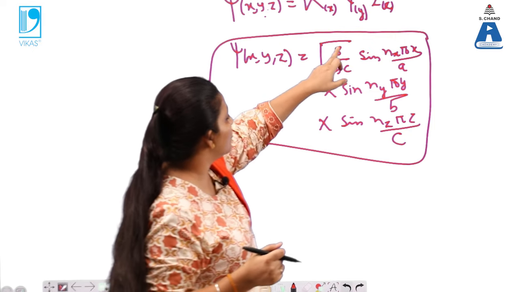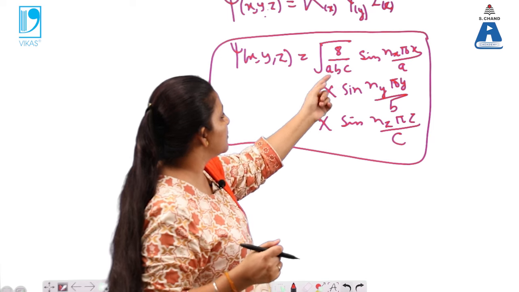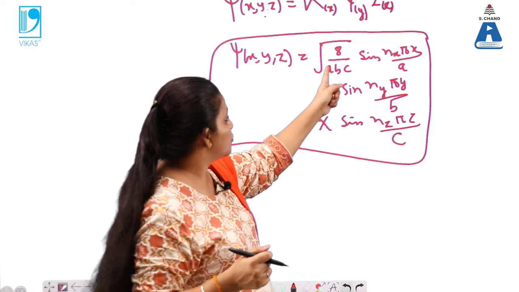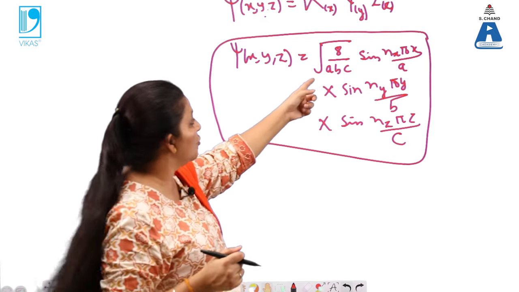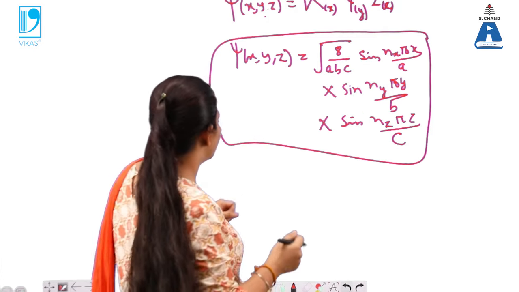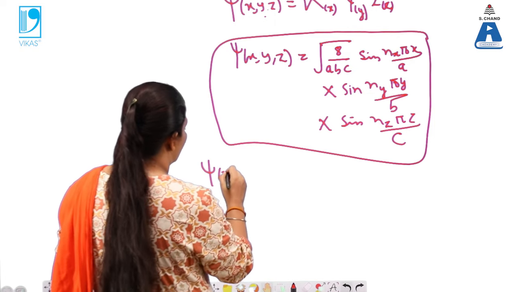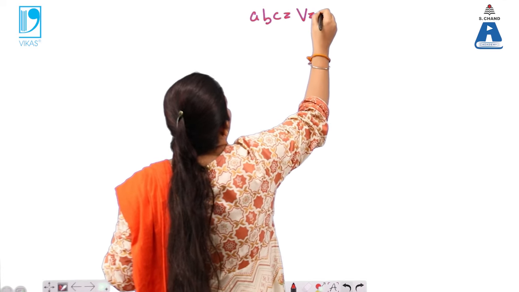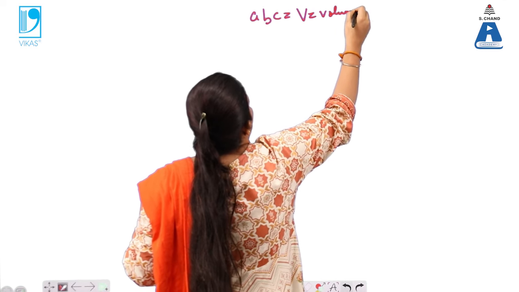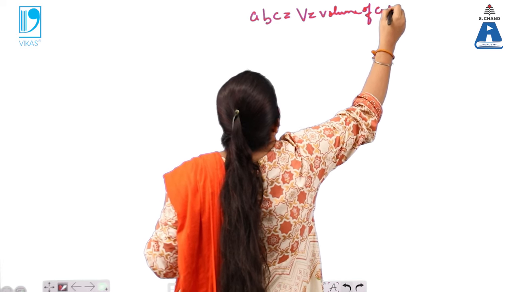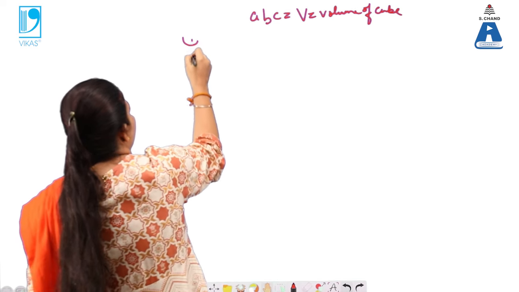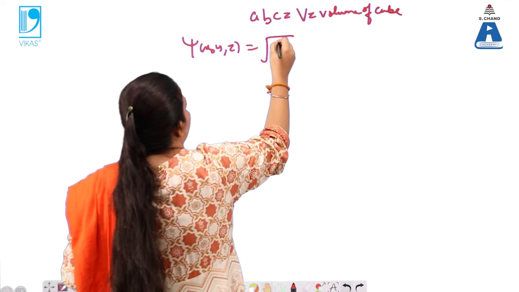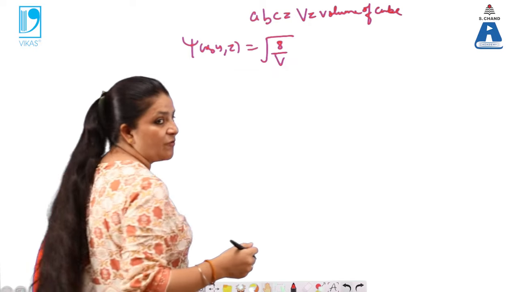So that is equal to under root of 8 upon abc. What is abc over here? That is the length, width and height of the cube. So abc represents the volume of the cube, into these three components. So the complete psi wave function can also be written, now abc equals the volume of the cube, so we can write the psi wave function as under root 8 upon V, where V is the volume of the box.